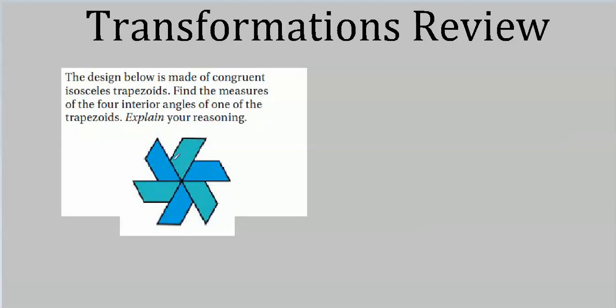We also know that these 2 angles are congruent because it's an isosceles trapezoid. But that allows us to set up an equation. If we call these 2 angles x, we only have to have one variable because they're congruent. Same for these 2, y. And the interior angles of a quadrilateral, they add up to 360, right?